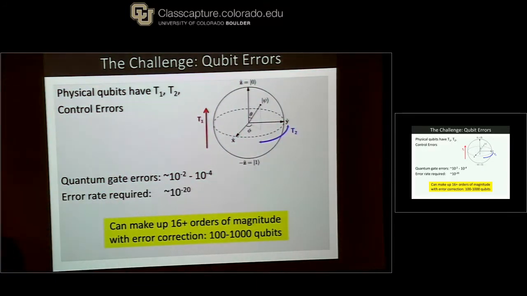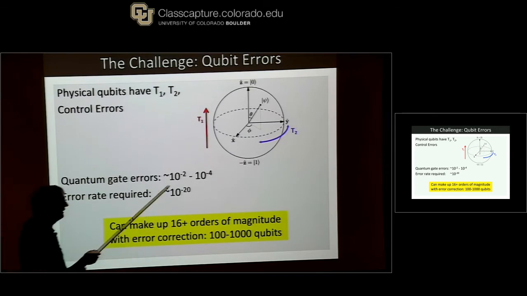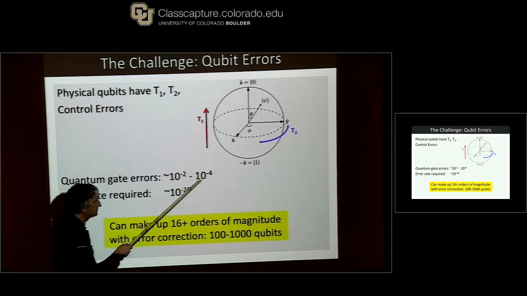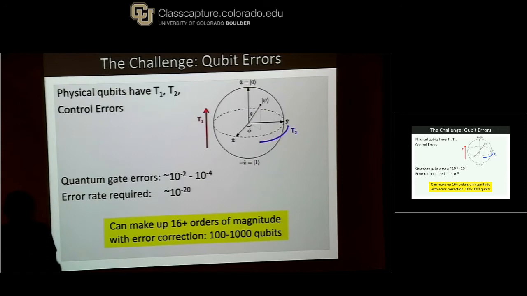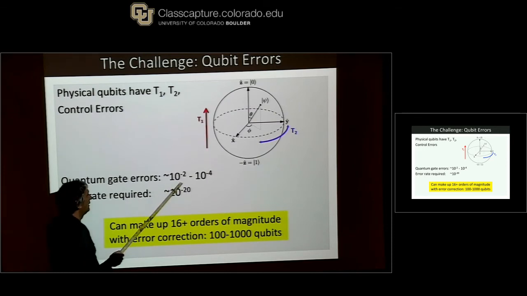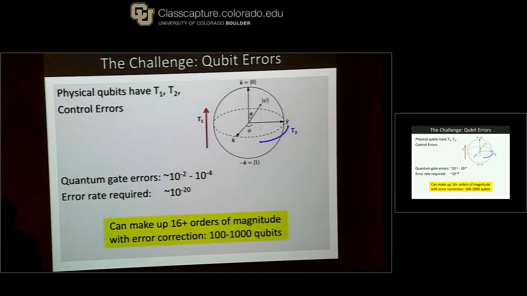The basic problem, of course, is that physical qubits have gate errors around 1%, maybe 10 to the minus 3, maybe 10 to the minus 4 if we start really building very good systems. These are analog devices, so unless you get the topological qubits working really well and solve all of those problems, being an analog system, you're not going to get perfect qubit operations.